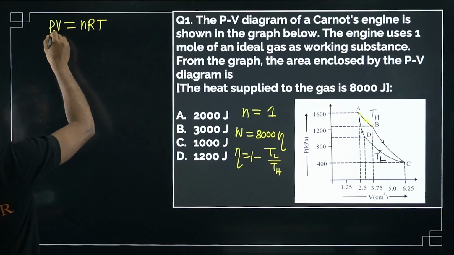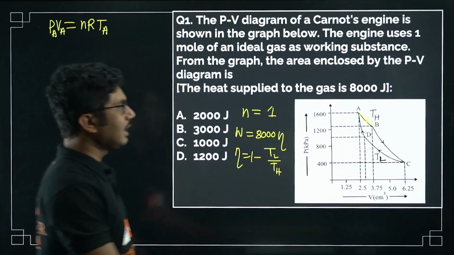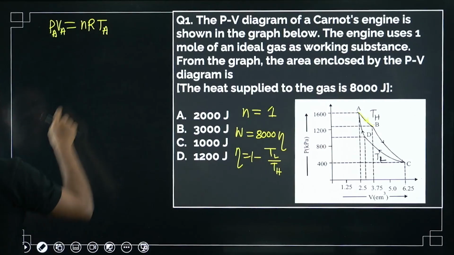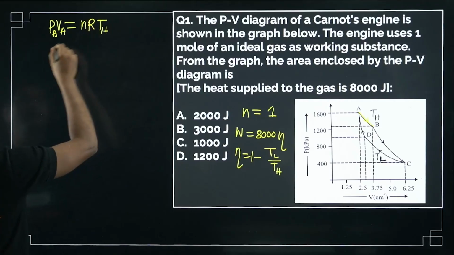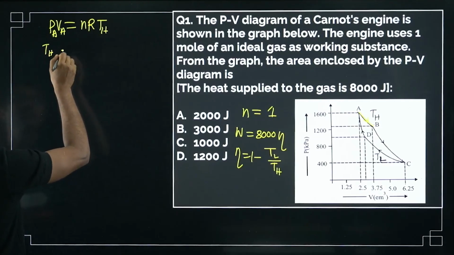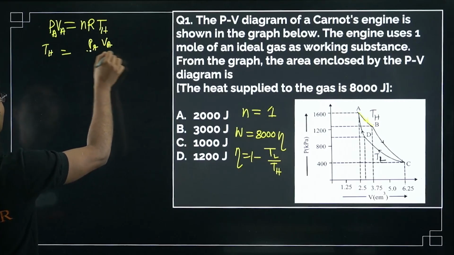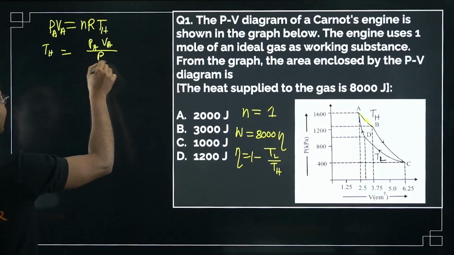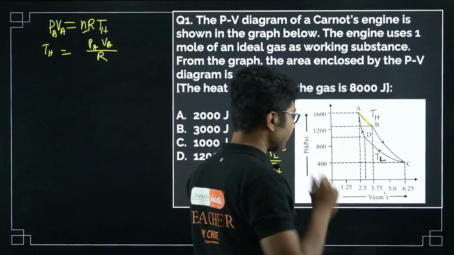So PA VA must be nRTA, or TH, whatever you say. That is the formula we are going to use to find the temperature TH at the first stage. So TH equals PA VA by R. Why R? Because the mole number n is 1.